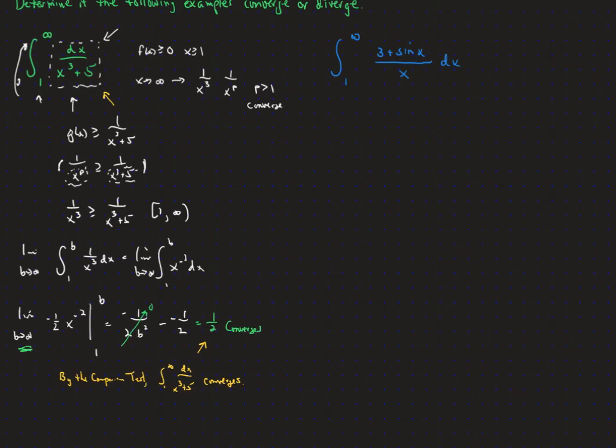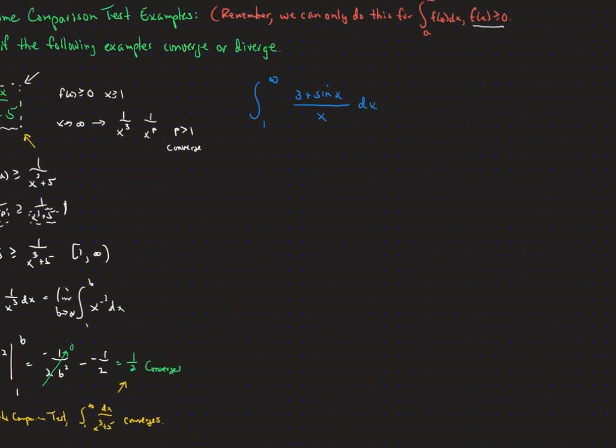Hopefully that makes sense. So, as we look at our next one, we see that, well, this is really hard to integrate. We can say, I know that as x gets really, really big, this sine x, which is always between negative 1 and 1, is going to be at its biggest 1.